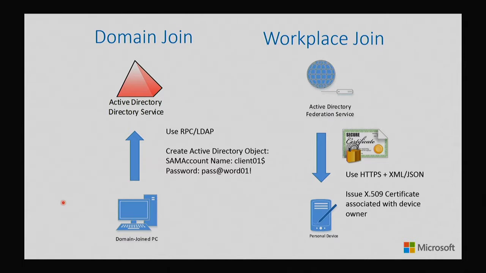For the workspace join scenario, the personal device will use HTTP and HTTPS as the transport protocol, and use XML or JSON schema as the HTTP message body. When the user has authenticated, the workspace join server side will issue a device certificate associated with the user, which is used to present who the device belongs to.